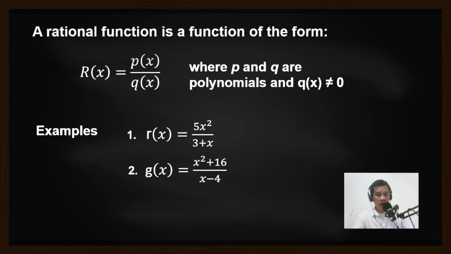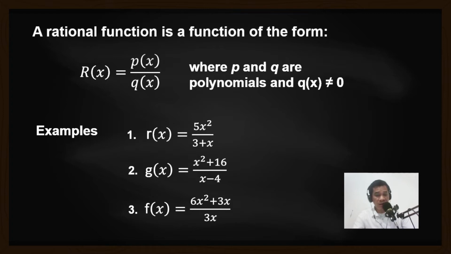In number 2, our p of x is equal to x squared plus 16, and below, our q of x is equal to x minus 4. For number 3, we have f of x is equal to 6x squared plus 3x over 3x. So our p of x here is 6x squared plus 3x, and below, our q of x is equal to 3x. So these three given examples are rational functions.